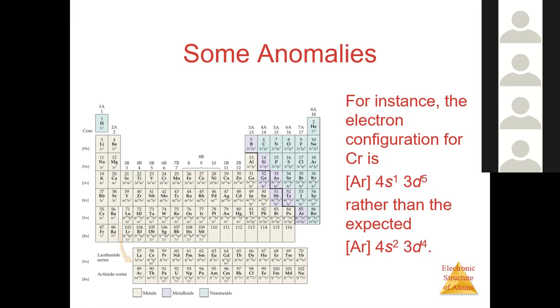Remember, the 3d is very close in energy to the 4s. So if we promote one of the electrons from the 4s, we have a half-filled 3d orbital, which makes it energetically the same as the 4s. So energetically, 4s1, 3d5 is favored over 4s2, 3d4.